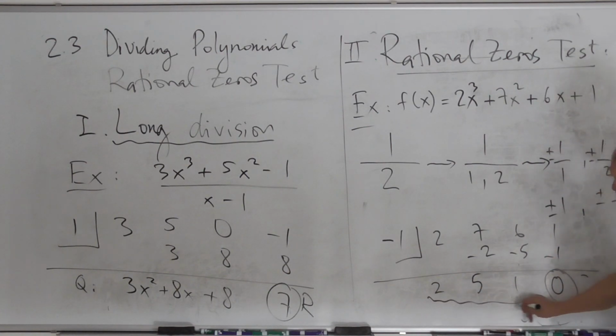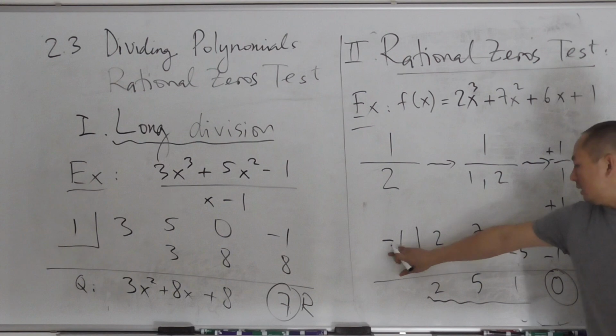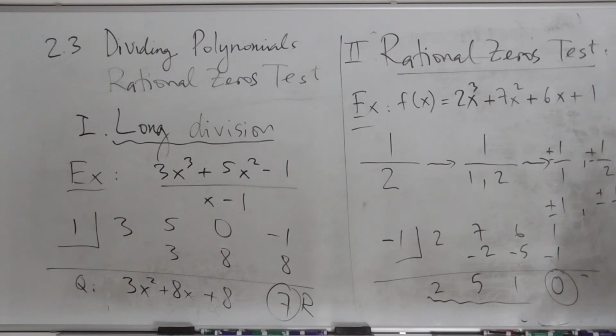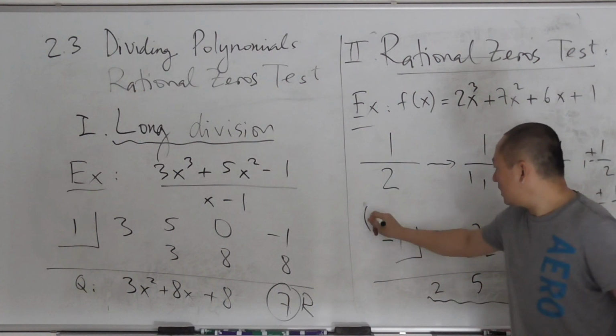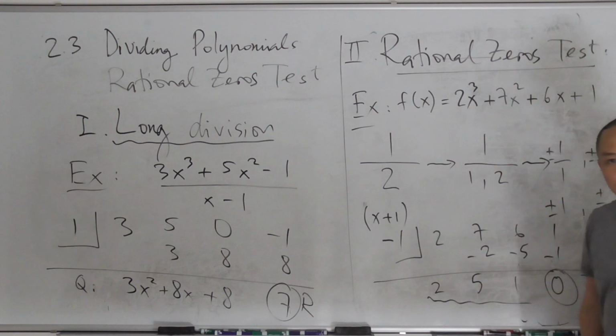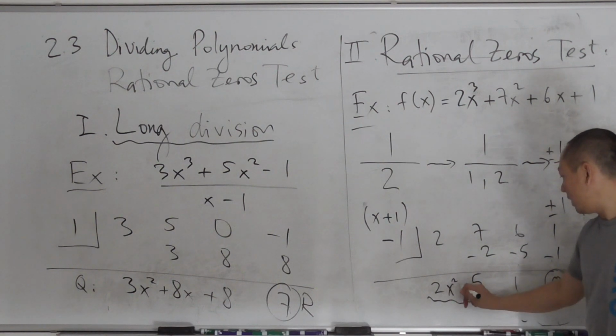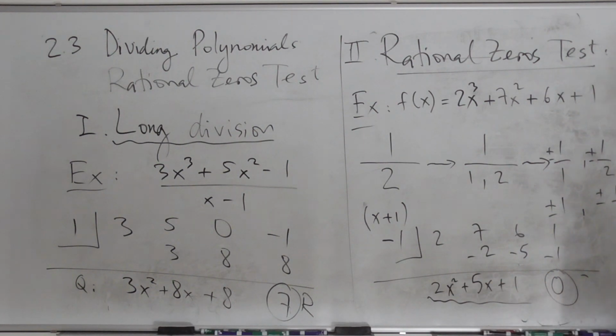It means what? This polynomial is factorable, and it's telling us that -1 is a zero. Since -1 is a zero, x plus 1 is a linear factor, and the quotient is 2x squared plus 5x plus 1.